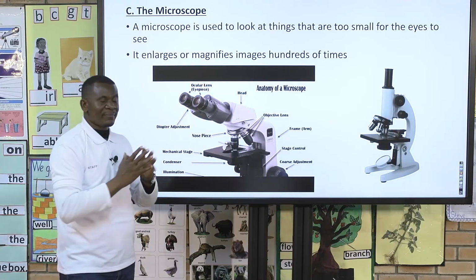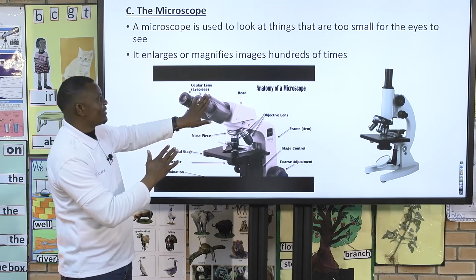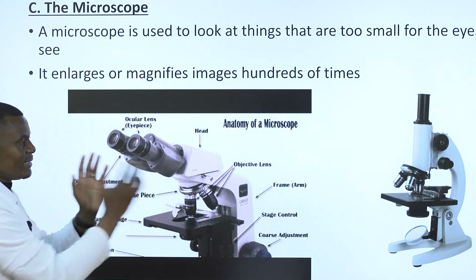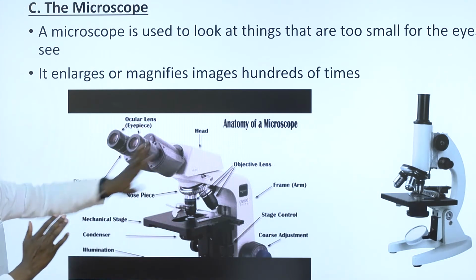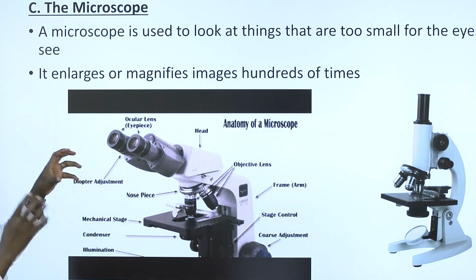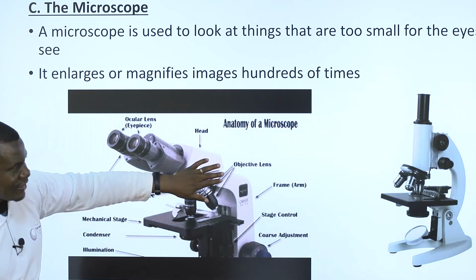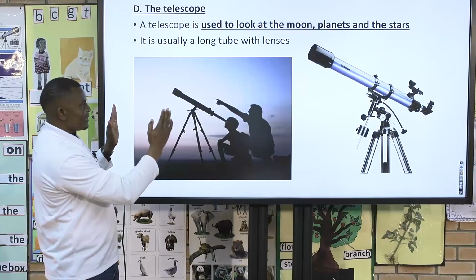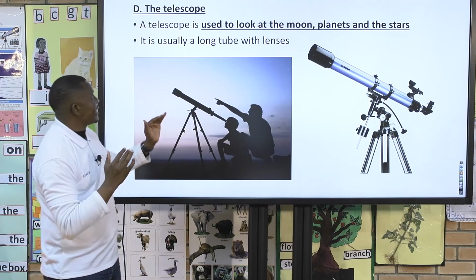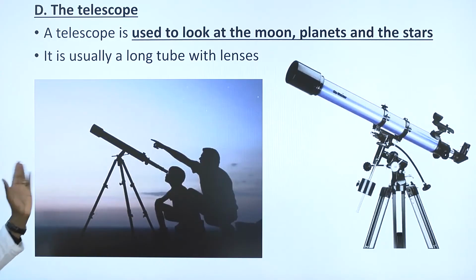As you can see, some of you are going to be doctors. Some of you are going to be working in the laboratories, and you'll be working with these instruments. So this is a microscope. A microscope uses also refraction. You can see, boys and girls, there are those that are interested in seeing the stars at night.